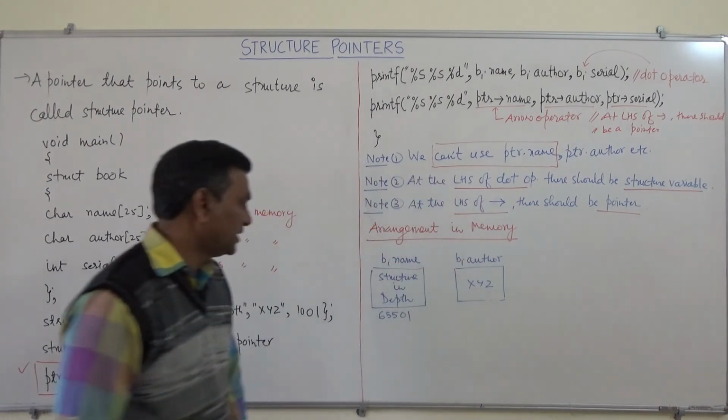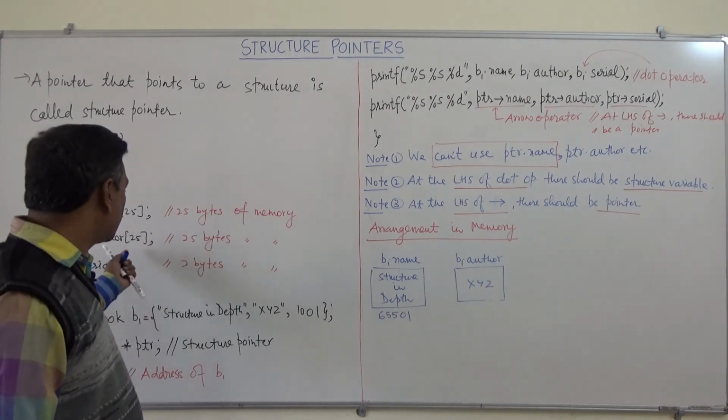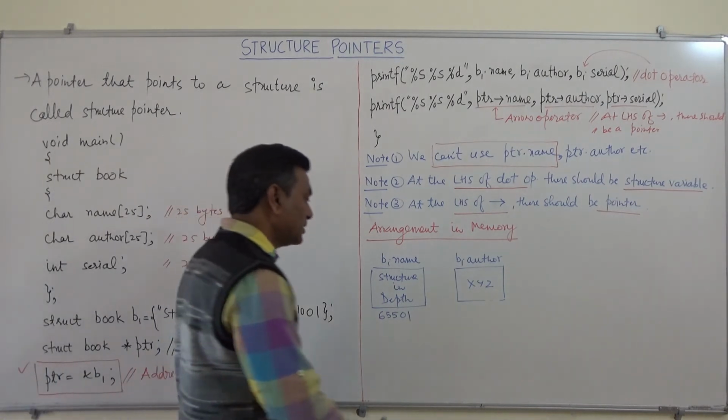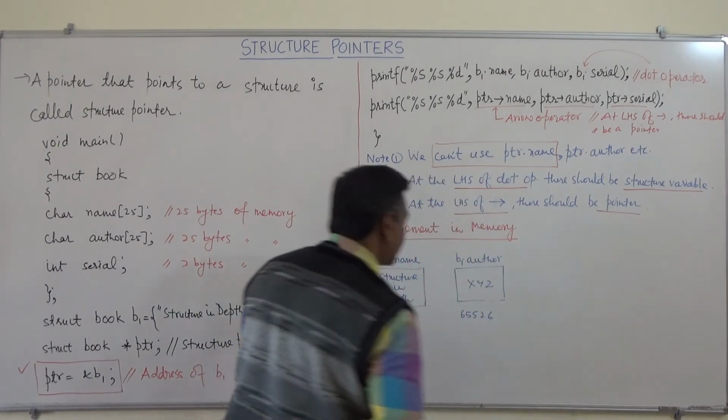Because name takes 25 bytes of memory, the next address will be 65526.